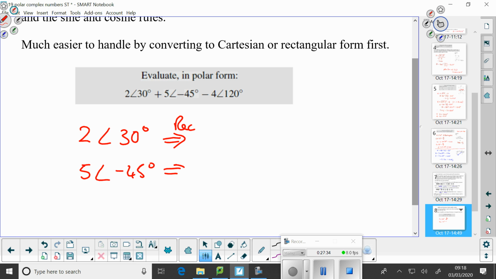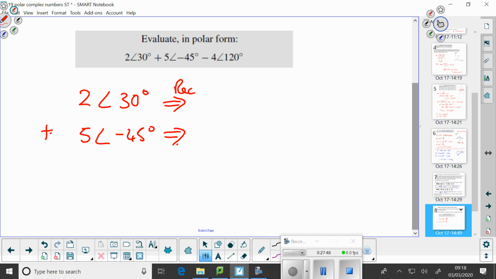We're going to add those 2 together. And then afterwards we're going to subtract. Well, actually what we can do, something to watch here, we can add -4 angle 120 degrees.